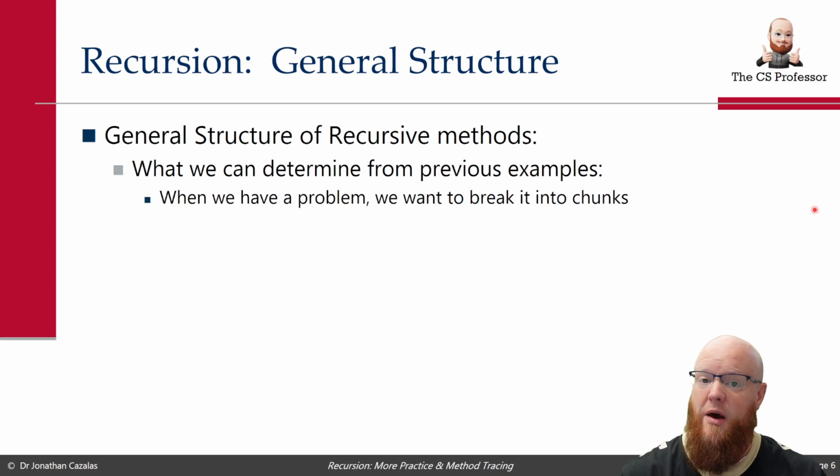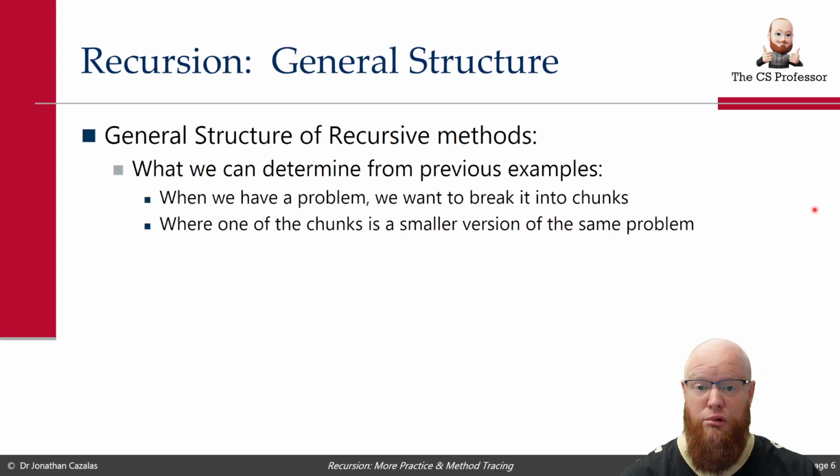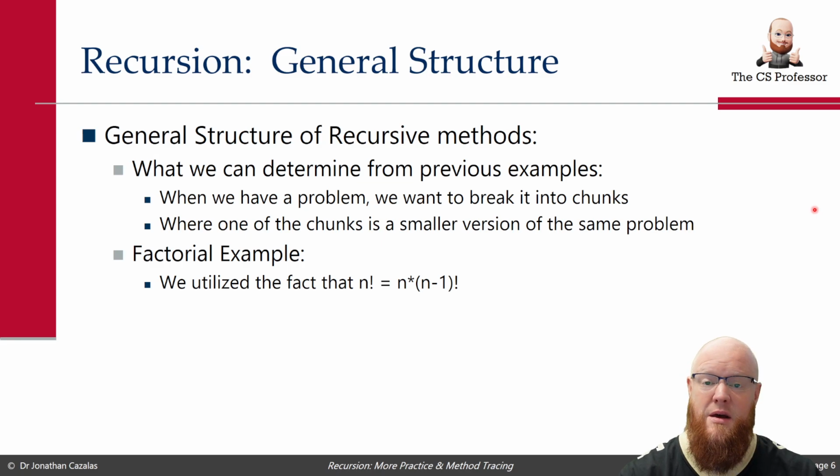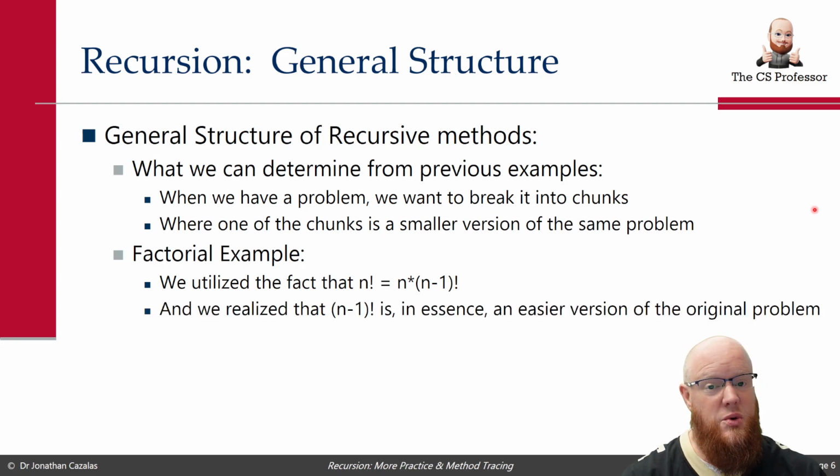We've seen that when we have this large problem, we want to break it down into smaller versions of itself, right? We had that factorial example. We utilized the fact, horrible choice of words, no pun intended, that n factorial is n times n minus 1 factorial. So n minus 1 factorial was in fact a smaller version of that original problem, n factorial.